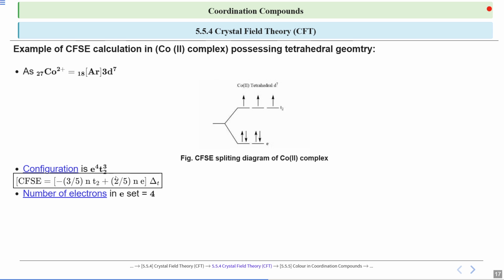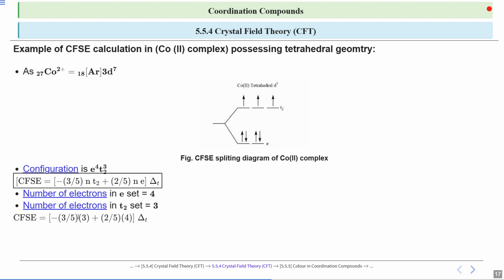Now you know the number of electrons in the E set is 4, so you place that in the formula at the place of n E. And the number of electrons in the T2 set is 3, so you place the 3 at the place of n T2.